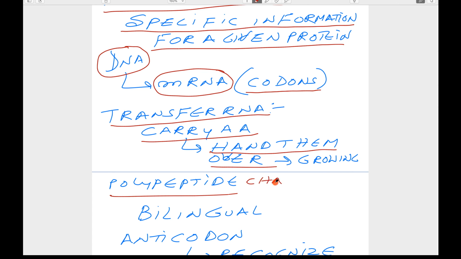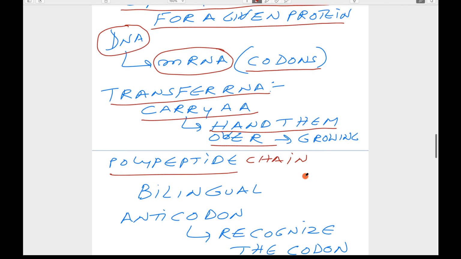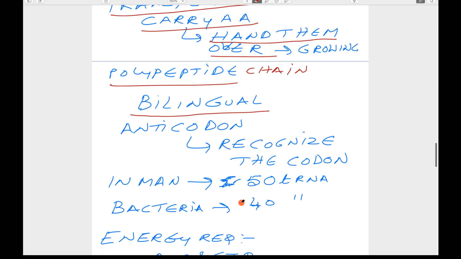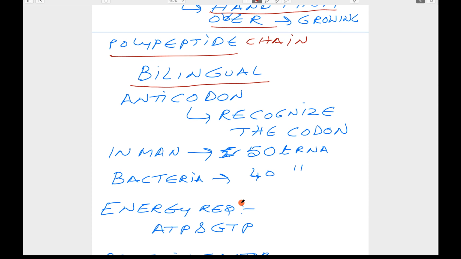That is the function of transfer RNA. We can say it is bilingual. It understands the codon language through the anticodon, and then accordingly it picks up the amino acid and brings it to the protein synthetic site. There are around 50 transfer RNAs present in man. In bacteria, there are around 40 transfer RNAs.